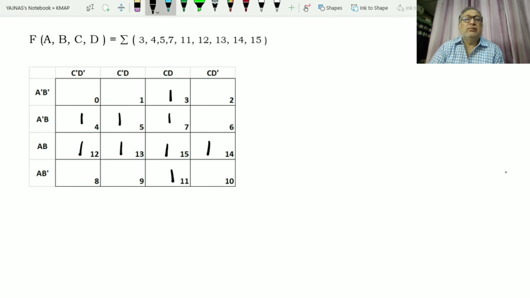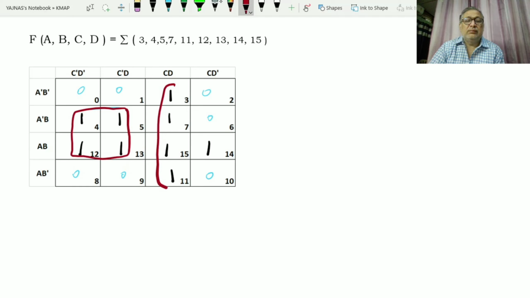Which group have you taken? 4, 5, 12, 13 is a quad, right? 3, 7, 15, 11 is also a quad. And 12, 13, 15, 14 is also a quad, a rolling pair. This is also a quad, right?